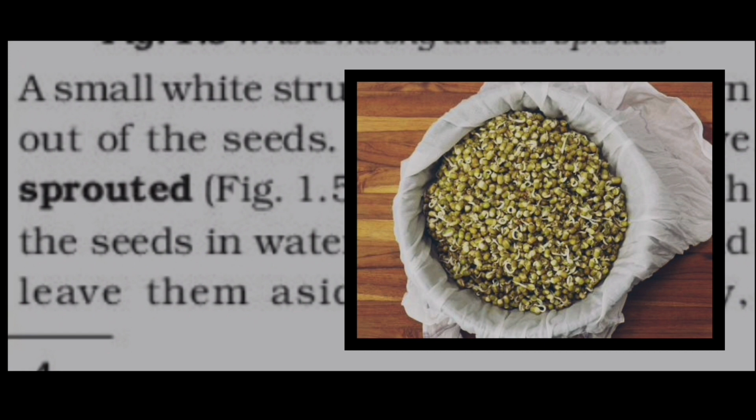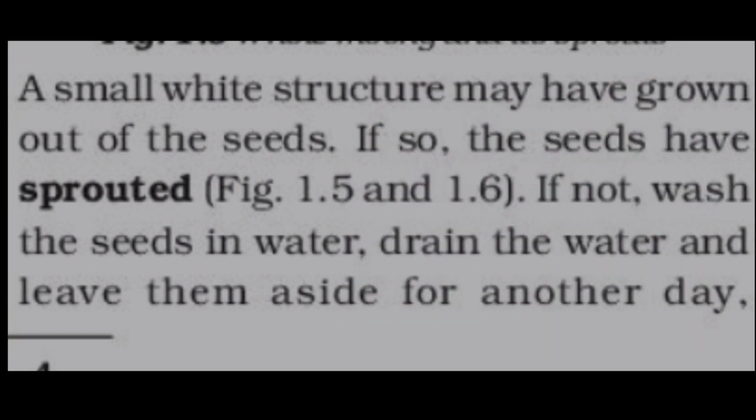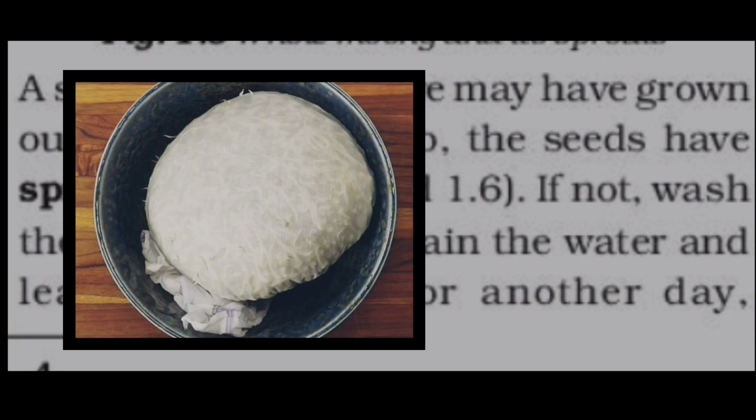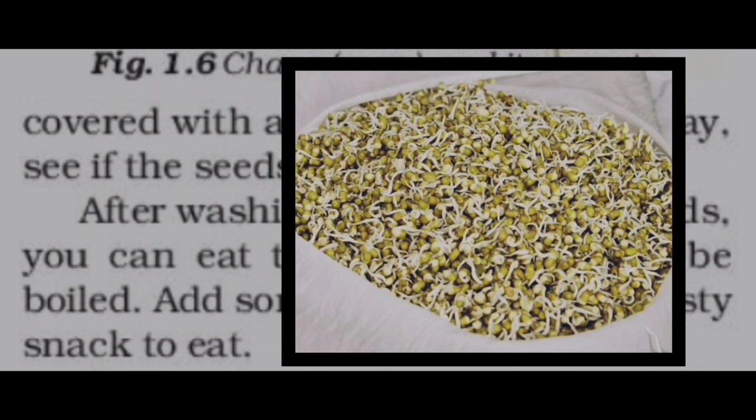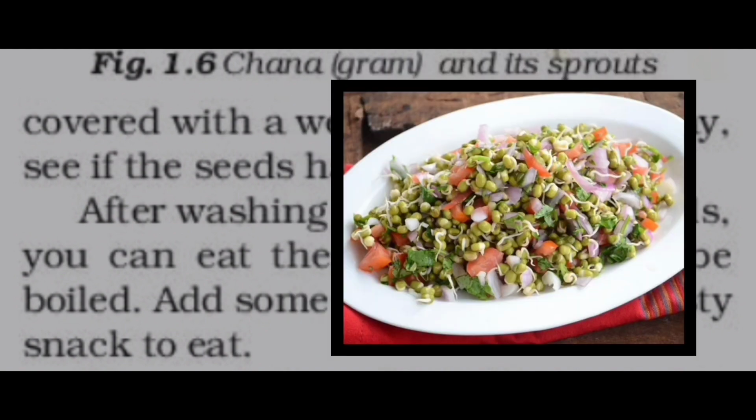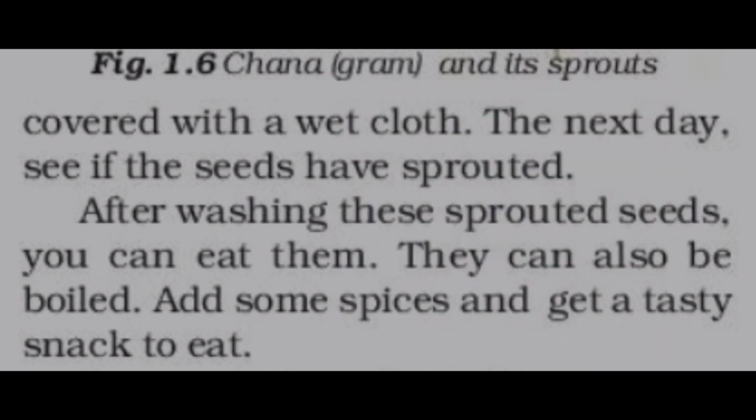If so, the seeds have sprouted. If not, wash the seeds in water. Drain the water and leave them aside for another day, covered with a wet cloth. The next day, see if the seeds have sprouted. After washing these sprouted seeds, you can eat them. They can also be boiled, add some spices and get a tasty snack to eat.